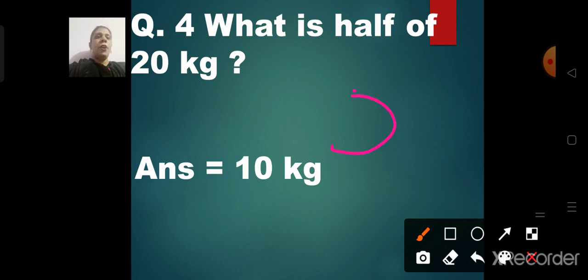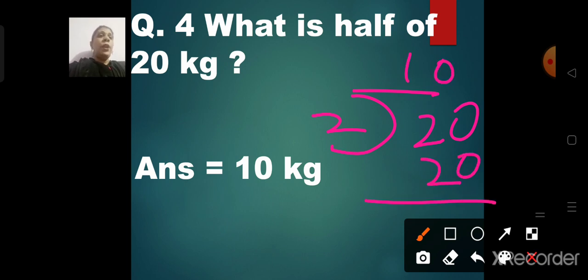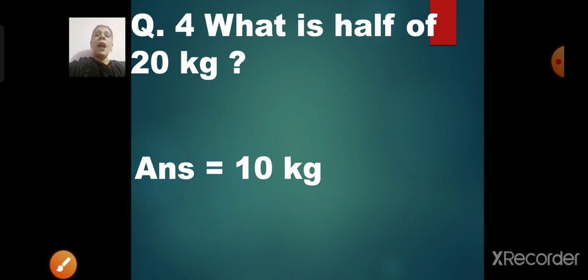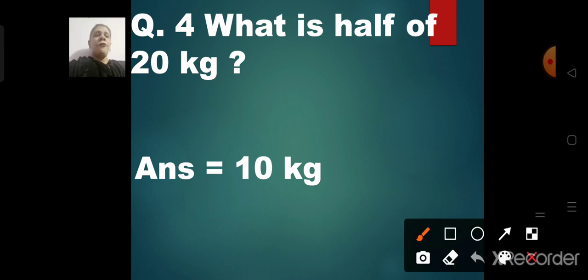So 2 tens will be 20. When 20 is divided into two parts, the one part, that is one half, is 10 kg.